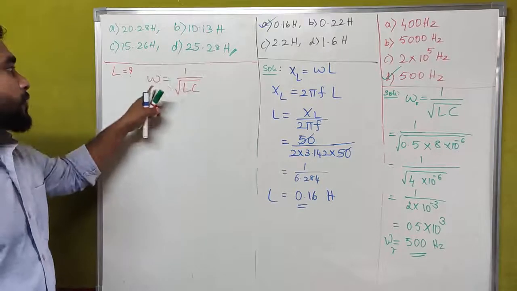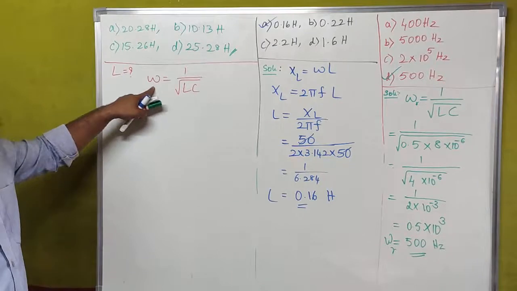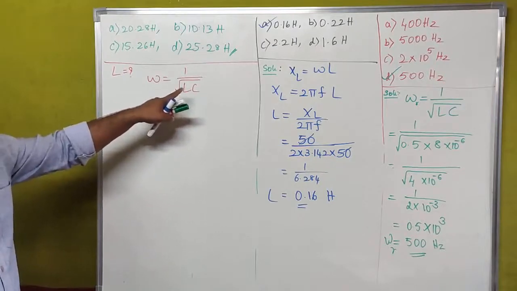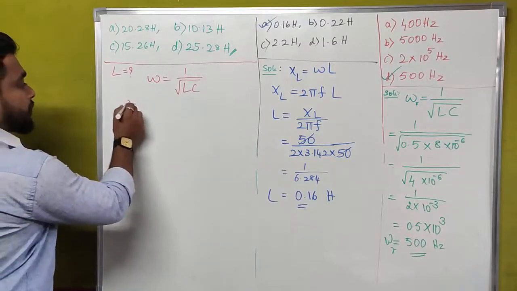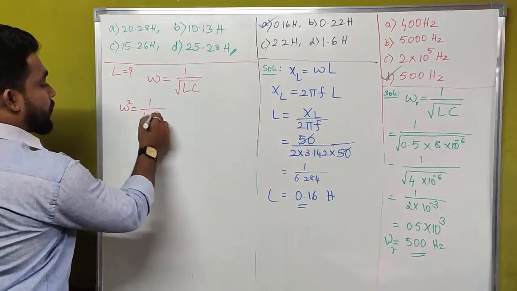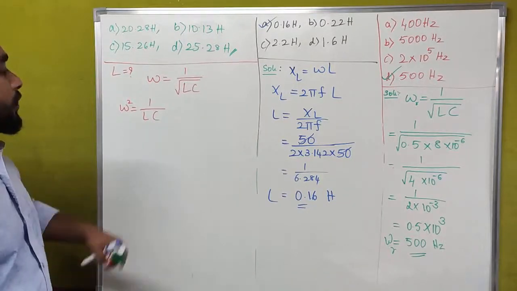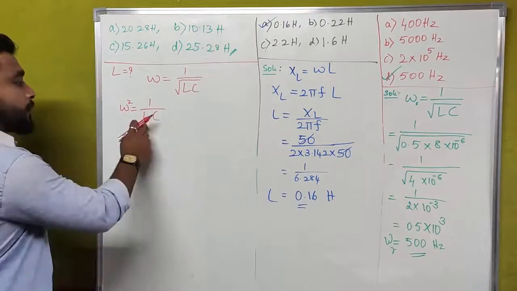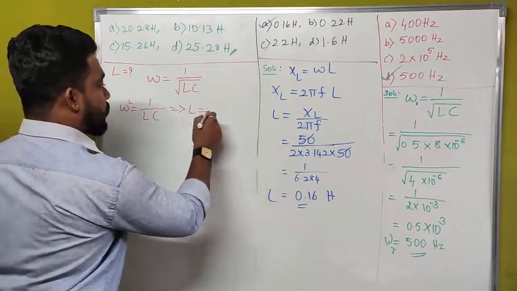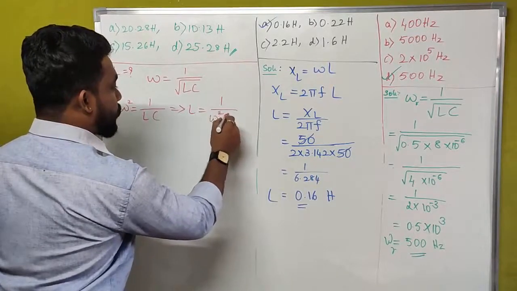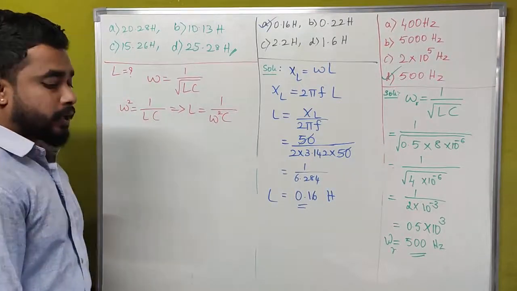If we square on both sides, we get omega square is equal to 1 over L into C, because square and square root get cancelled. But here what we want is L, that is the inductance of the inductor. L is equal to 1 over omega square into C.